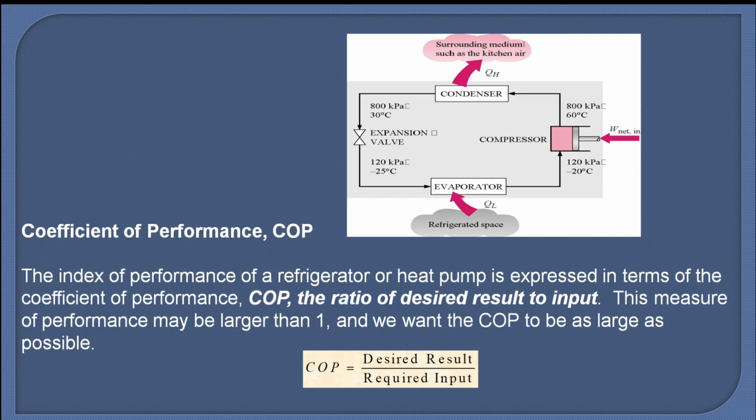Net work output divided by the heat input, right? Out of the total heat given to the engine, how much is usefully converted to work. So that is the thermal efficiency. But here in the case of a refrigerator or a heat pump, only transfer of thermal energy from low temperature reservoir to high temperature reservoir is taking place. So there is no work output. Rather, there is a work input, isn't it?